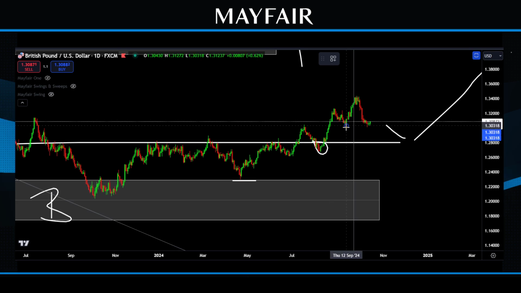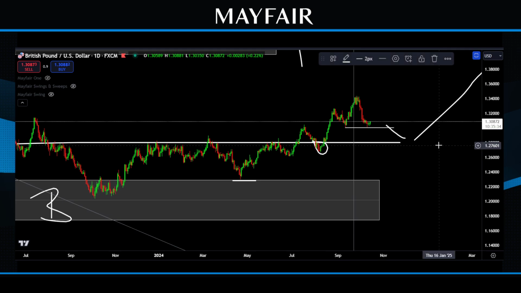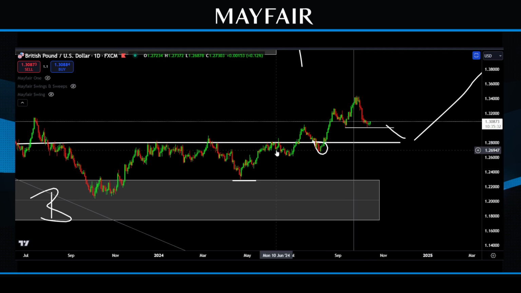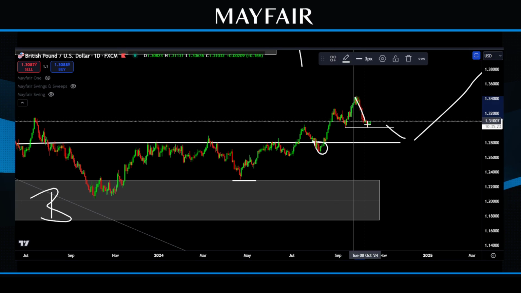Until we break this particular level. Right? So right now we bounce off this level, which means if I had to guess, I would be saying bit of momentum down, bit of a pullback, break through the level into the retest zone.